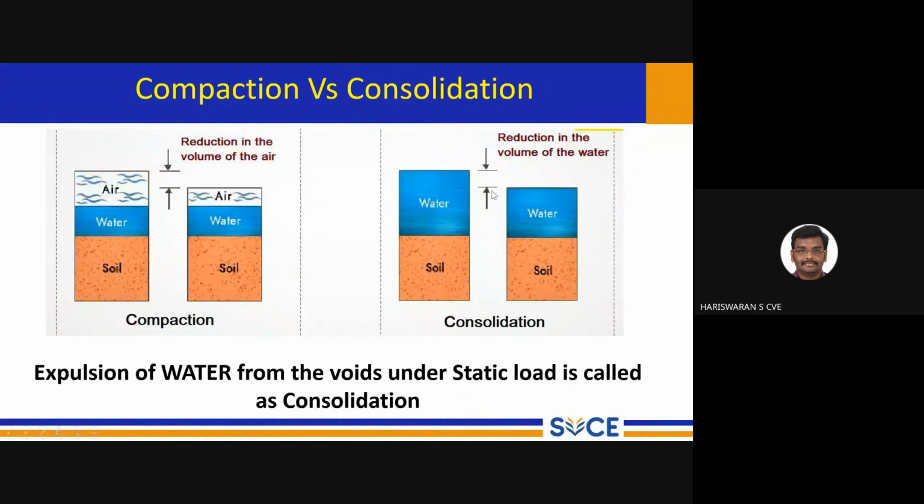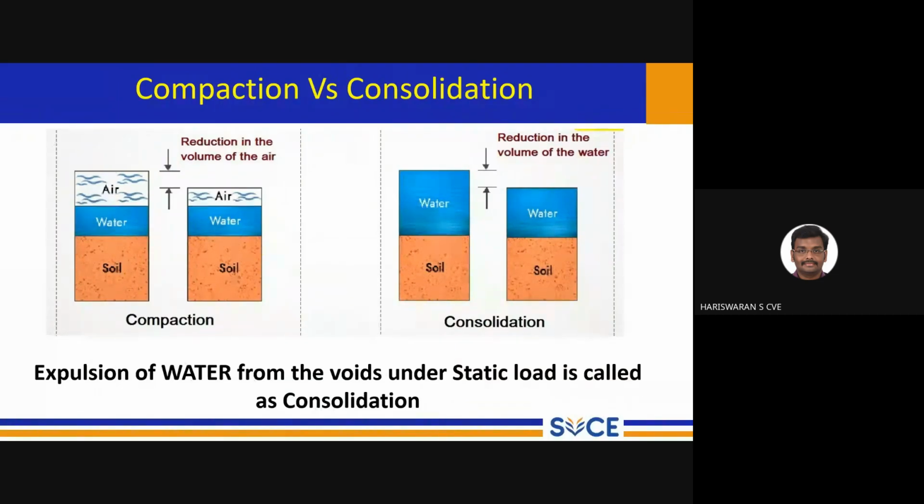Everybody is aware of one of the world's wonders, the Leaning Tower of Pisa. That leaning happens only because of consolidation. Below that tower, part of the area is occupied by dense cohesionless soil. Another part is clay soil, that too saturated.